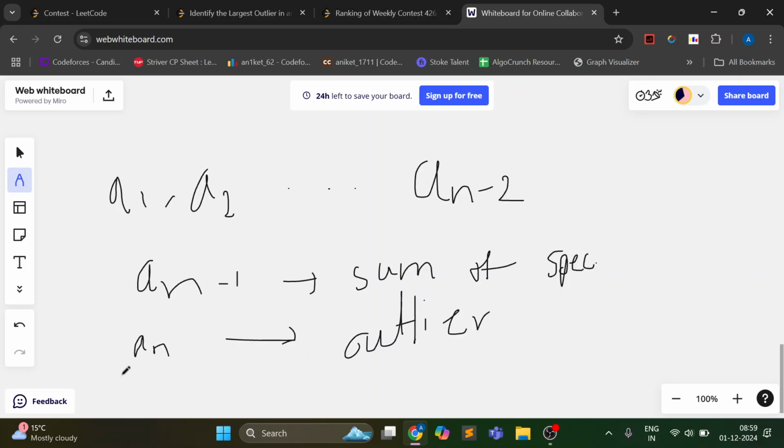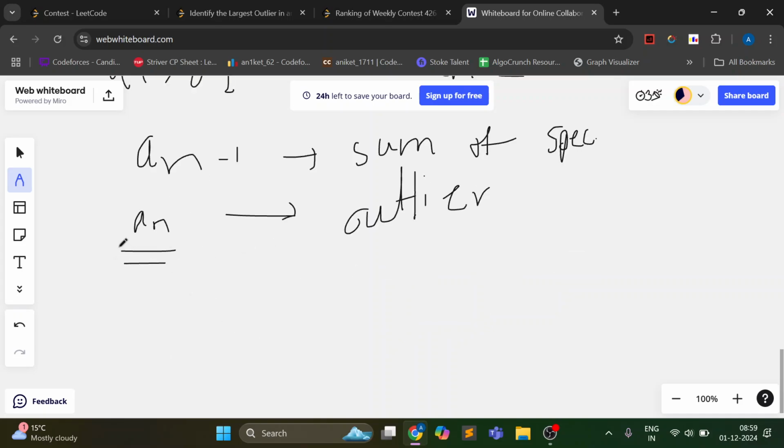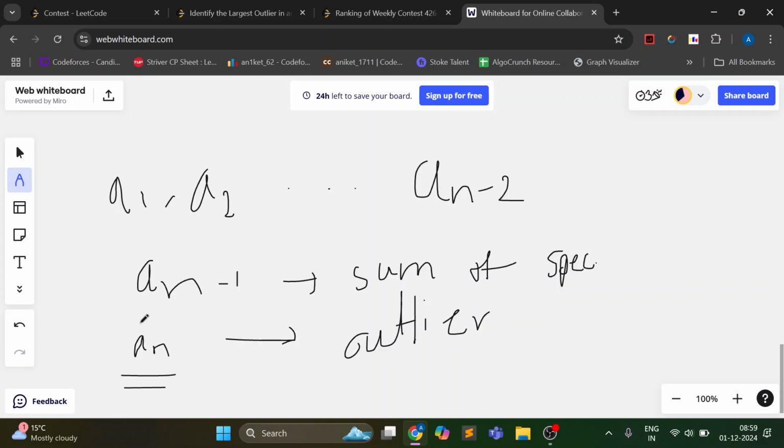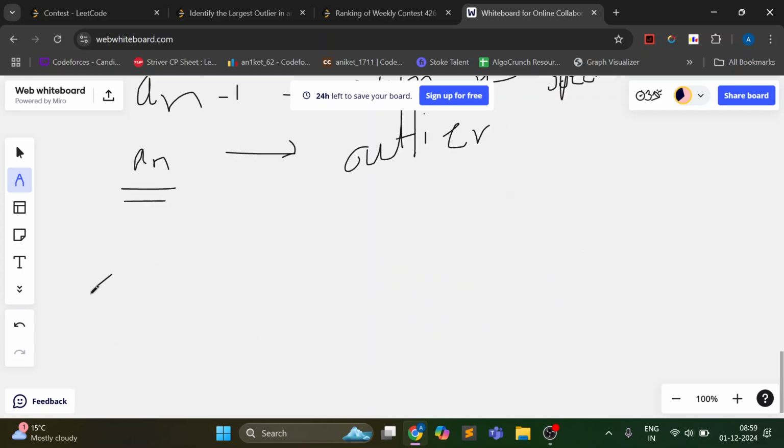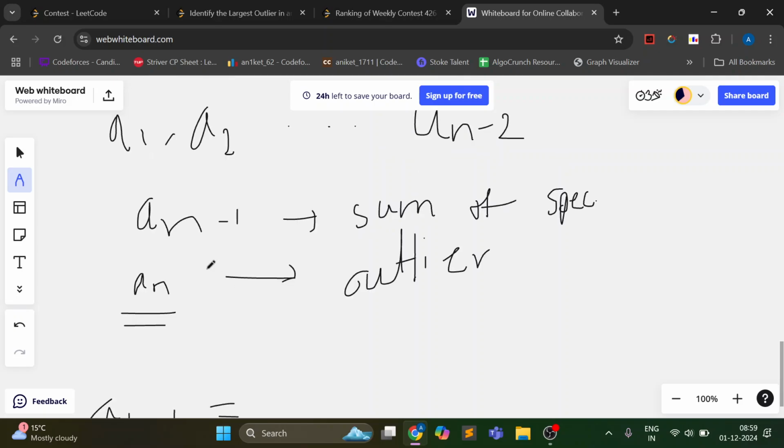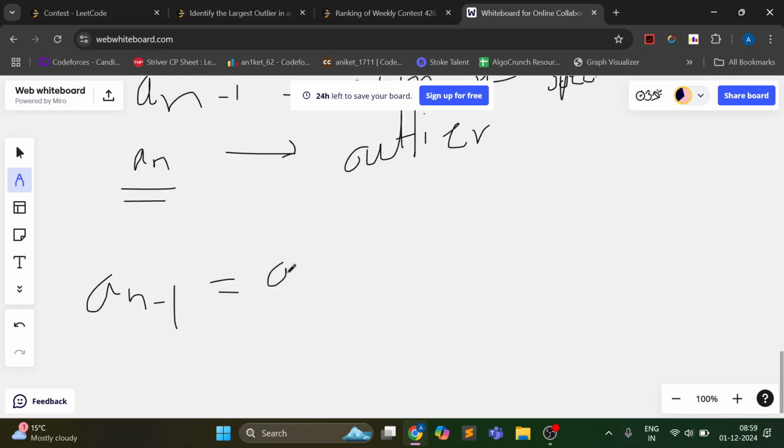Now if you consider an as an outlier, then the condition should satisfy, which is an minus 1 must be equal to the sum of a1 up to an minus 2, this whole sum.